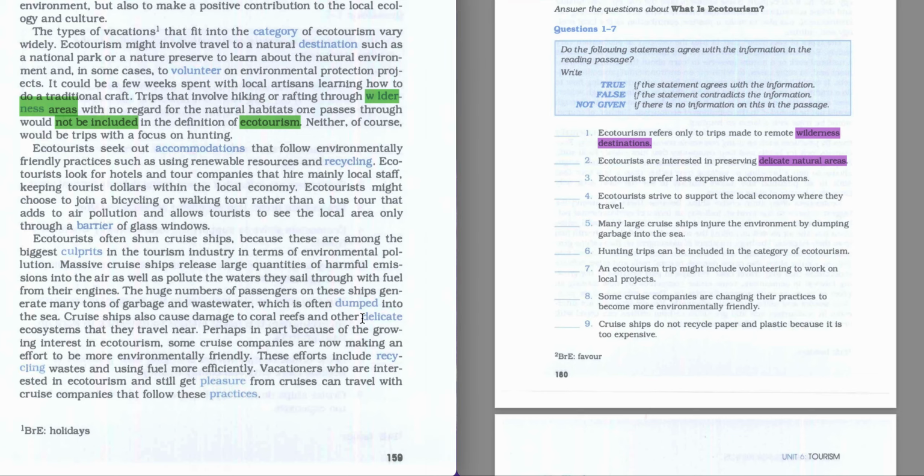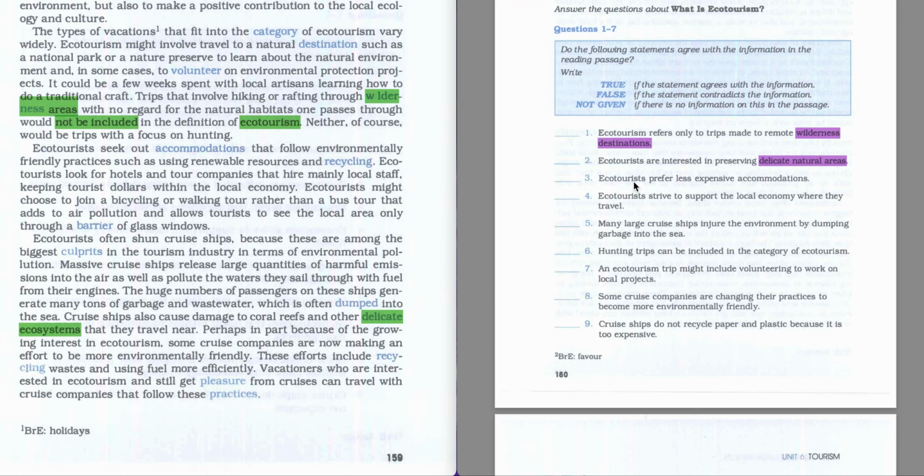So here on the following paragraph we have some information about delicate ecosystems, which is basically a synonym to our keyword delicate natural areas. So let's read this sentence. Cruise ships also cause damage to coral reefs and other delicate ecosystems that they travel near. So they were just saying about harm, but since this ecosystem damage is mentioned right here, it means they care about that. So the answer is going to be true.